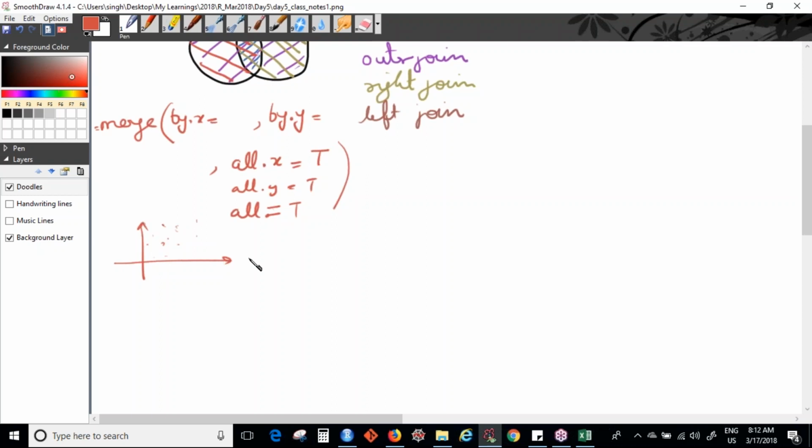So you need to have two continuous variables to draw a scatter plot, or it can be drawn between discrete variables also. So a scatter plot is always between numerical variables. Just remember that, because we need to have coordinates. A categorical variable will not have coordinates, right? Male does not have a coordinate. So it has to be either discrete or continuous. It cannot be a qualitative variable to draw a scatter plot.